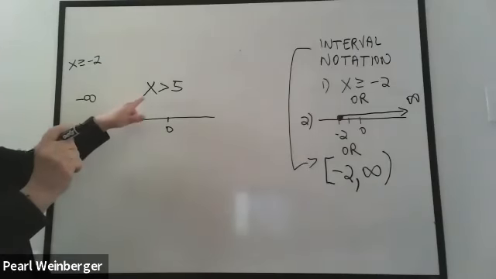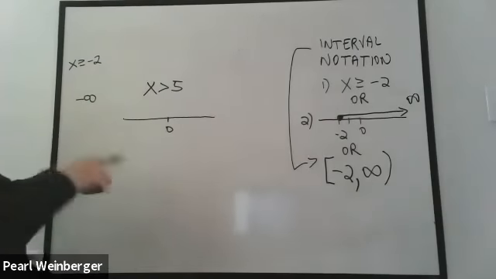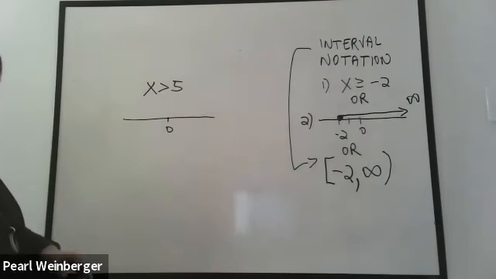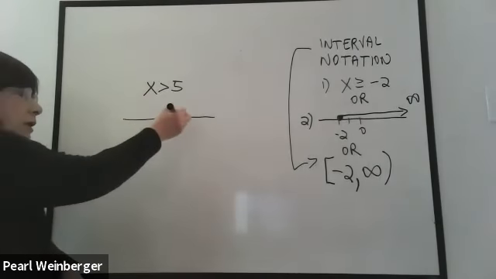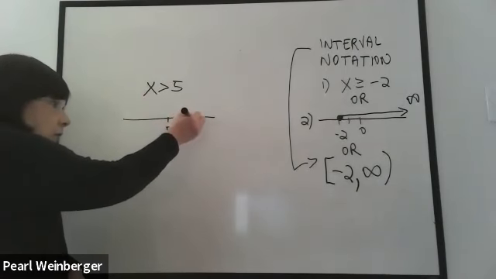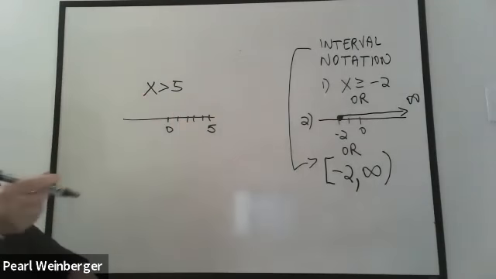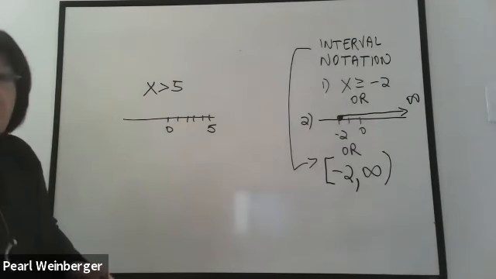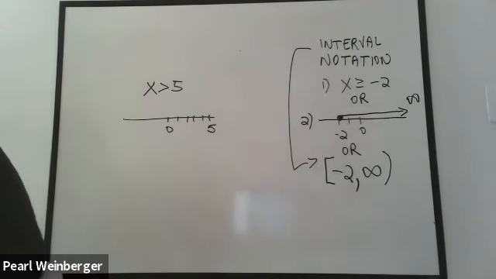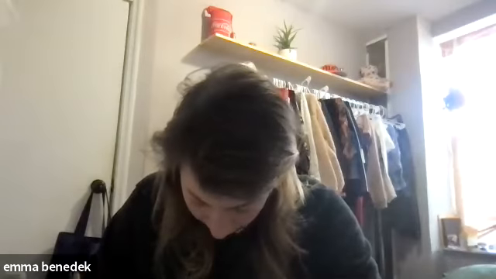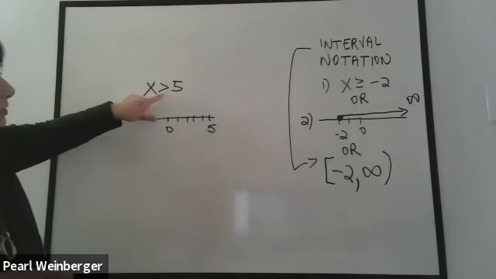To say x is greater than 5 means that I have to go to the number 5, which is right here, and decide at that point, do I make a... It's going to be an open circle.